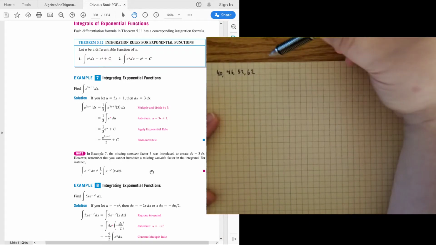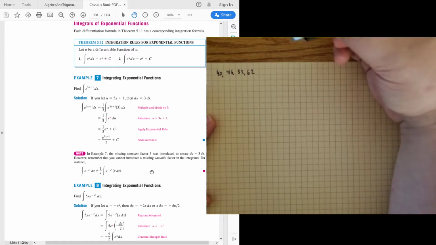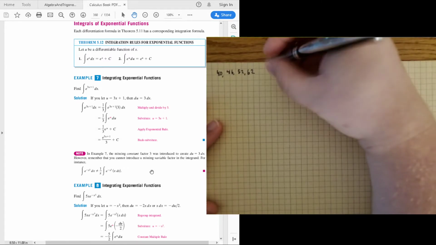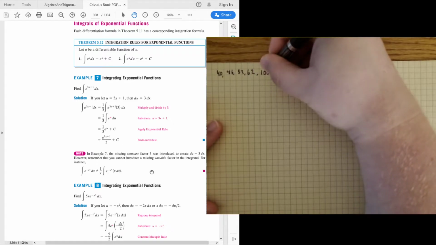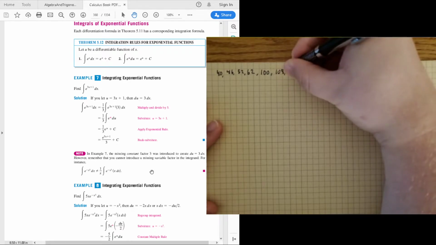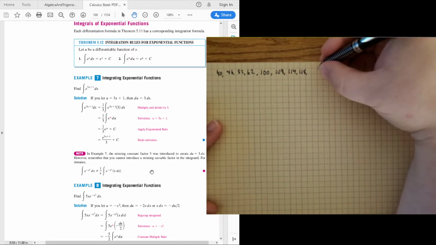Notice that I'm focusing primarily on the second part of your homework. That is because the first part just deals with using the properties, and in my opinion, it is significantly easier than everything else. And then, of course, 100, 108, 114, 118, and 120.